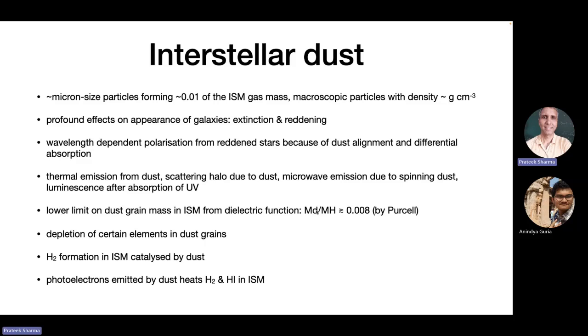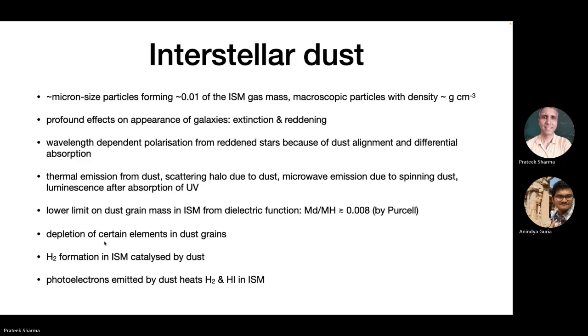If we assume linear dielectrics, then using those arguments, Purcell produced this limit that the dust mass has to be about 1% of the ISM mass, or the hydrogen mass in the ISM. We are not going to go through the argument here, but it's important to know that something like this exists. Otherwise, you could have said, okay, the dust mass is tiny.